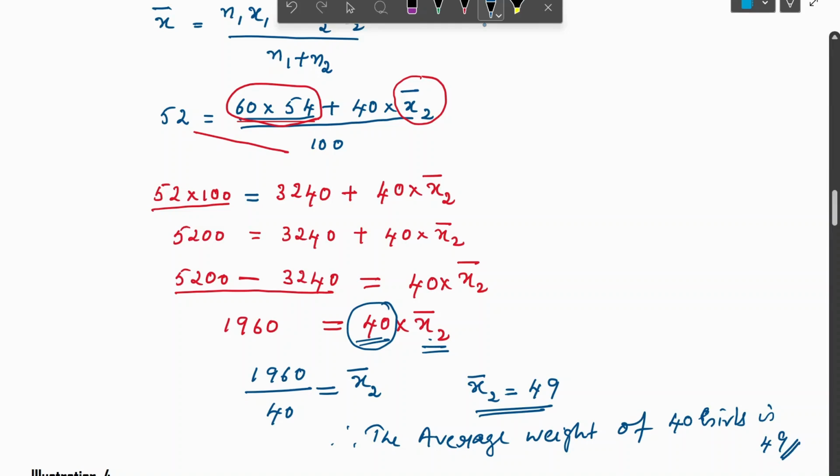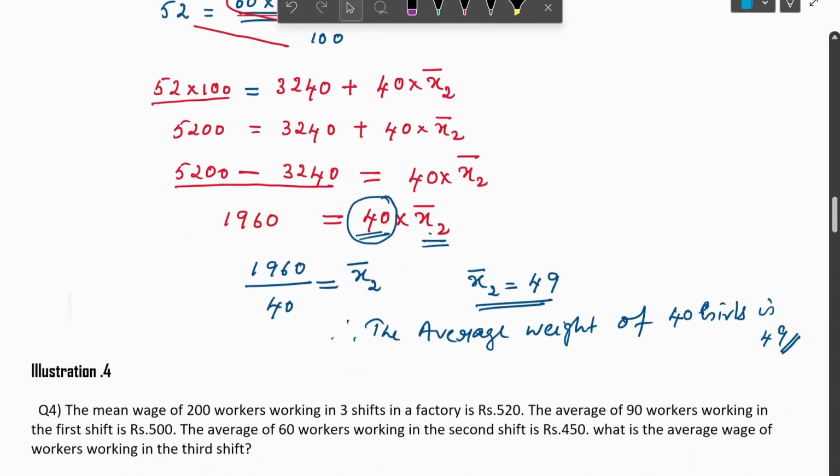In this question, actually, it is an application type question. It is not directly finding the combined arithmetic mean. Instead, the combined arithmetic mean is given and they ask you to find the mean of a particular group. So this is one of the examples. Next, one more example we will solve for the same type of question.